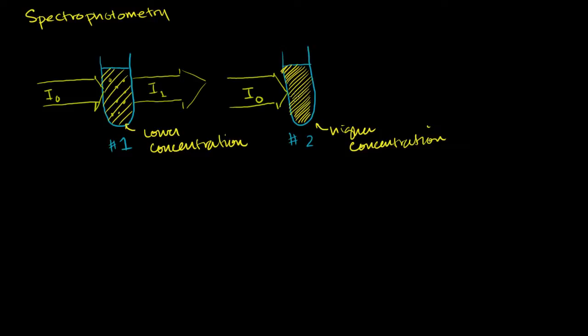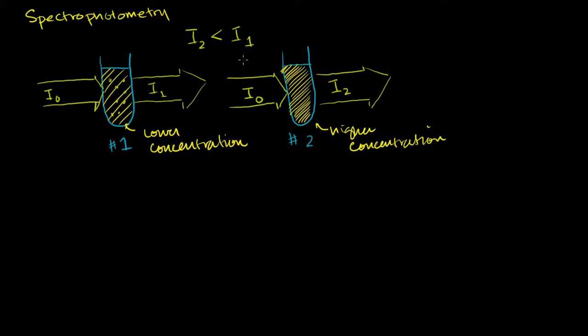It's going to bump into more molecules because it's a higher concentration here. So the light that comes out, I'll call that the intensity I2. This is going to have a lower intensity of light being transmitted than this one over here. I2 is going to be less than I1.